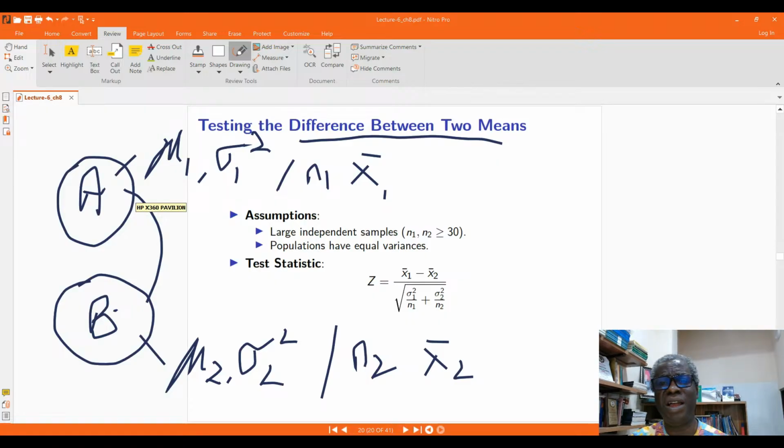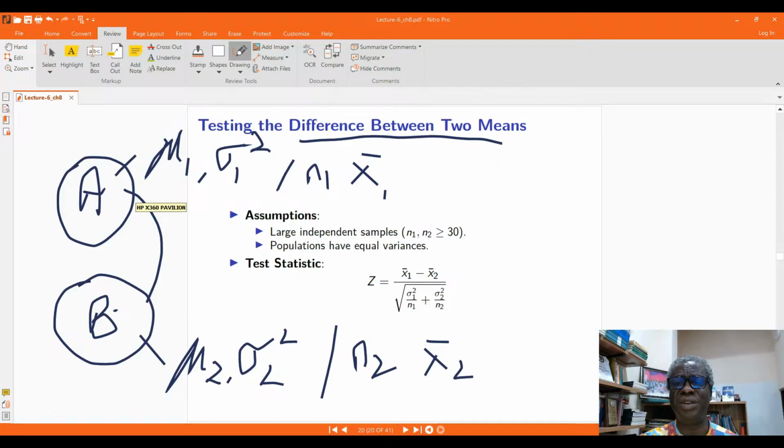But the requirement, the assumption, is that, one, the samples are large and also independent.